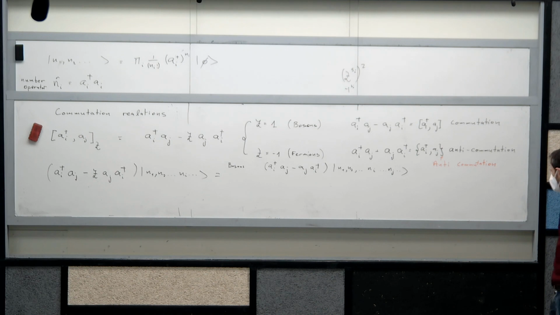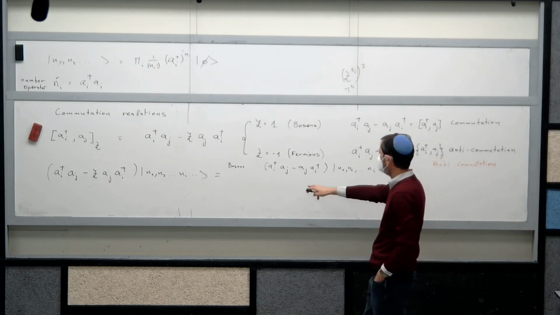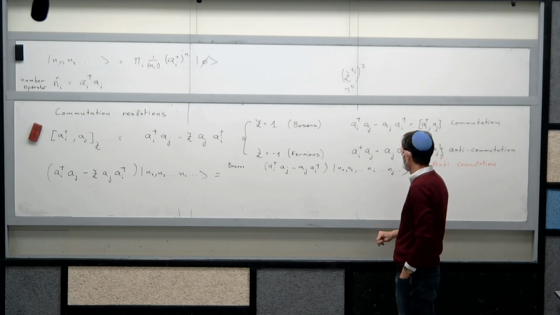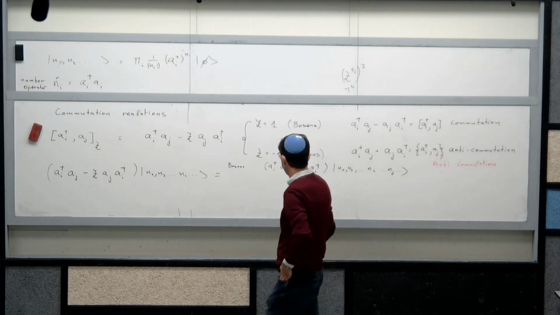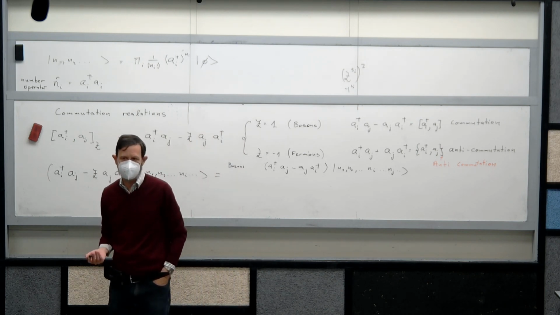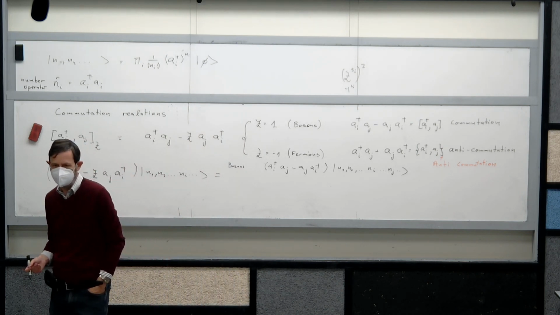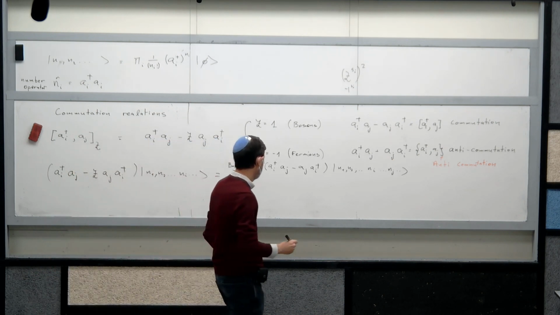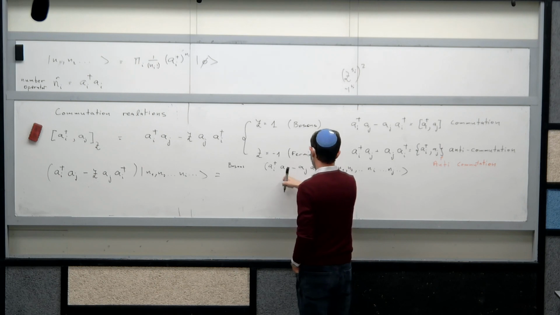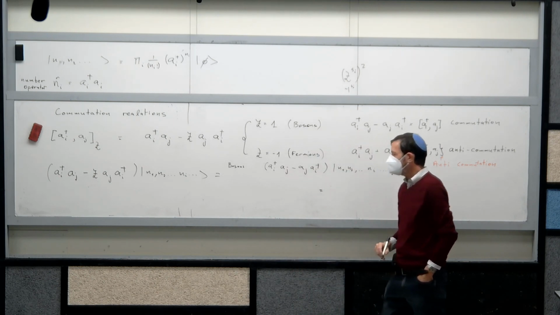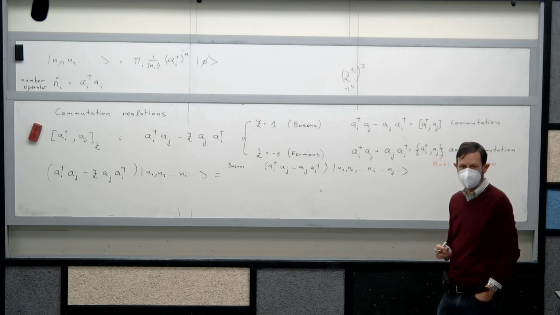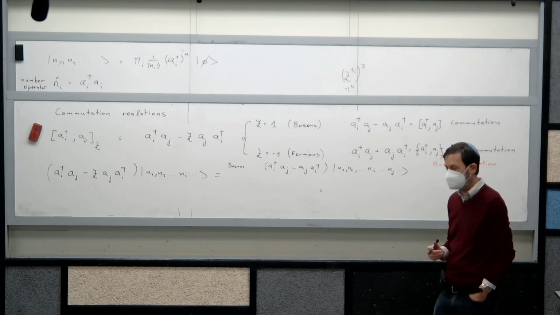Okay? So what happens here? I'm using the usual rules, nothing beyond it. The first term annihilates a state at AJ.